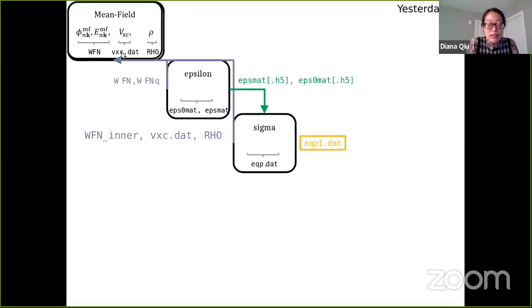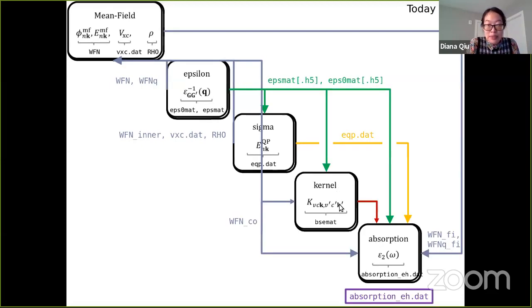Up to this point in this morning's session, what you did is you used the epsilon and sigma codes to find the quasi-particle energies at the GW level, and these are reported in eqp1.dat. So you generated epsmat and eps0mat and eqp1.dat. In the next steps, we're going to generate a coarse wave function and a fine wave function.